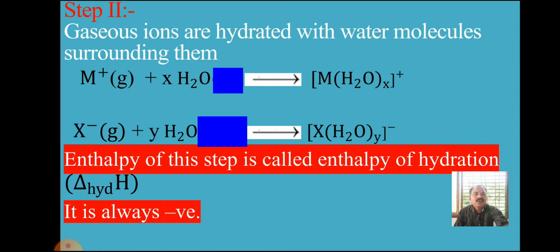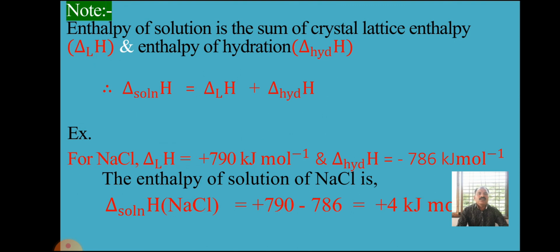Now we can see one note. The enthalpy of solution is the sum of crystal lattice enthalpy and enthalpy of hydration. Therefore, the enthalpy of solution is equal to crystal lattice enthalpy plus enthalpy of hydration.